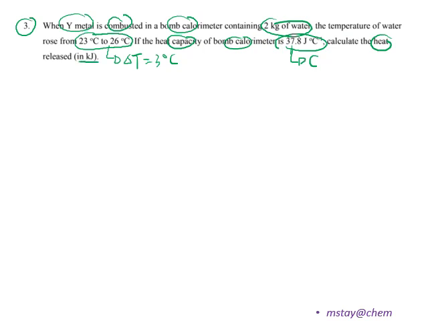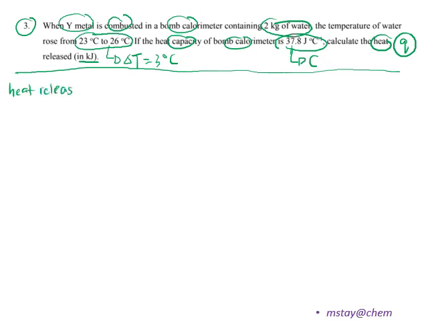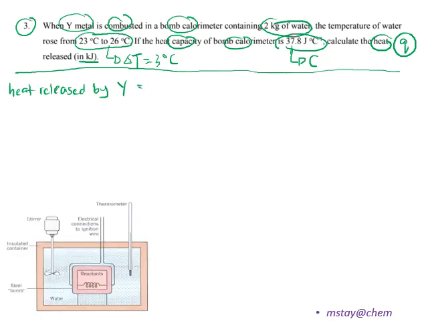Since the question doesn't emphasize kilojoule per mole, it actually asks us to look for the Q value. As we know, the heat will be released by Y, and all the heat released by Y will be absorbed by the water, because the water is at the surrounding of the container, which is also an insulated container.